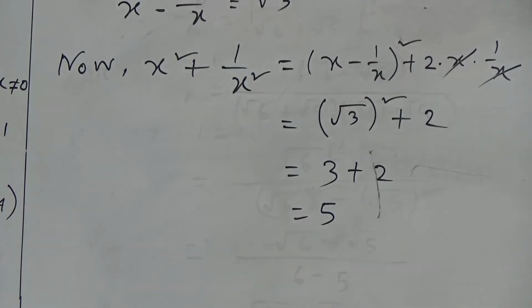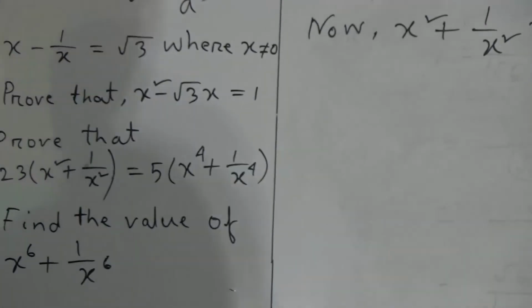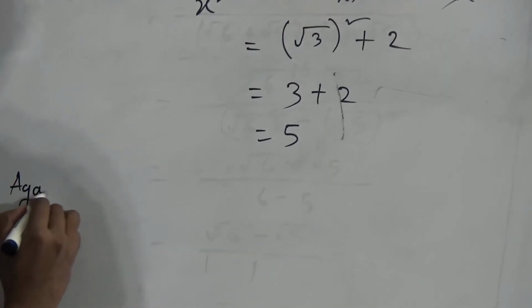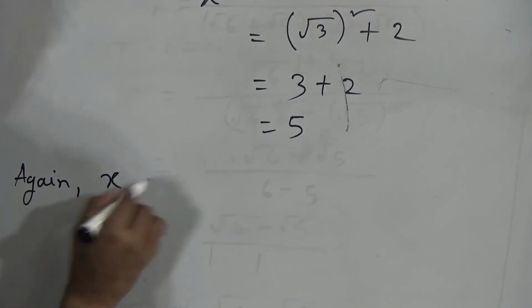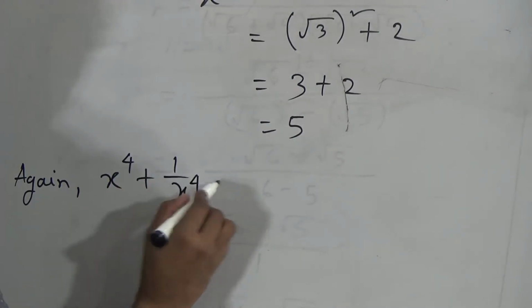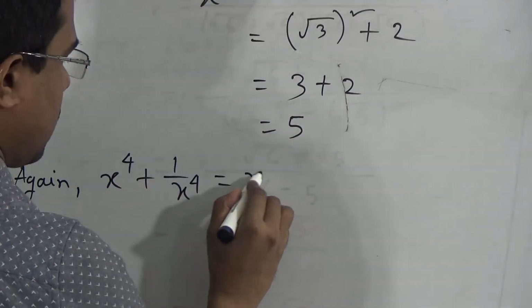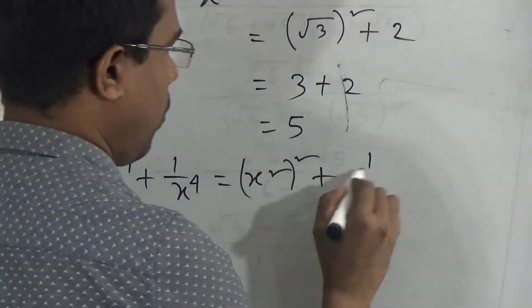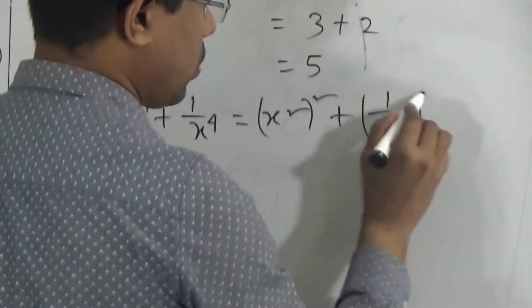Now we will find out the value of x to the power 4 plus 1 by x to the power 4. Again, x to the power 4 plus 1 by x to the power 4, this is equal to, we can write x square whole square plus 1 by x square whole square.